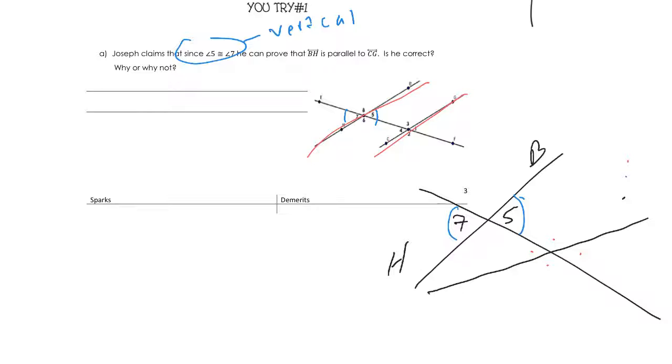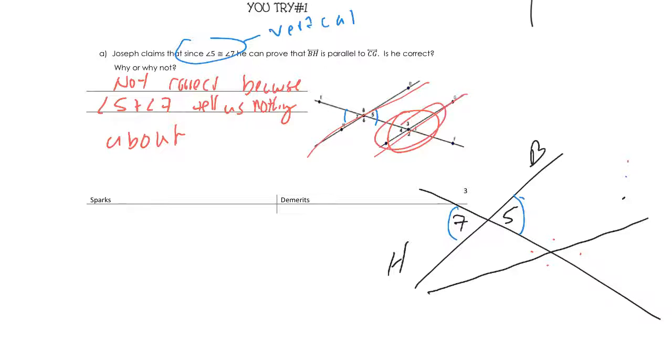So it is not correct, because angle 5 and 7 tell us nothing about line GC.